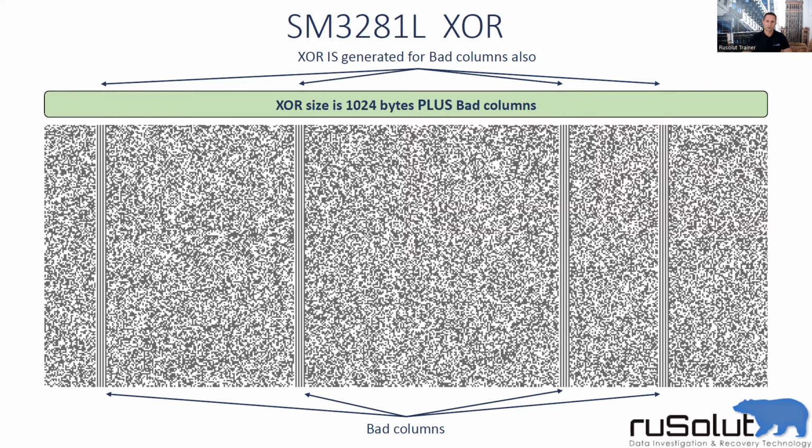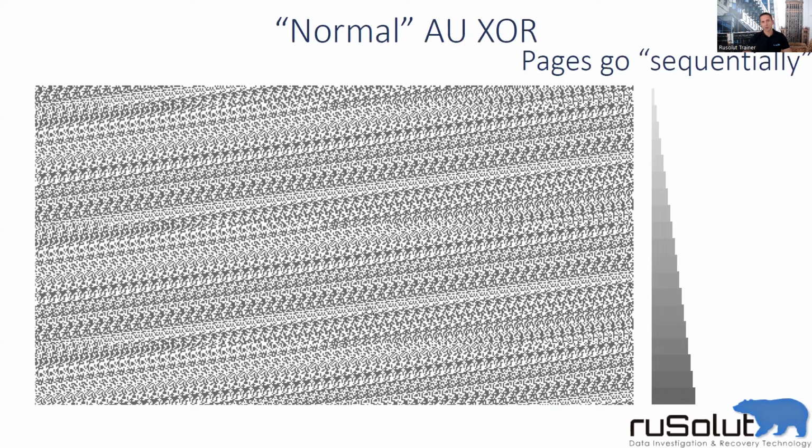Another improvement that we got with the new version is made for AU controllers. These ones may use XOR keys created not, let's say, sequentially. So here, again, firstly, let me show you the normal AU XOR key, which looks like this.